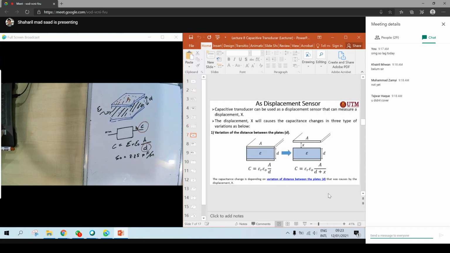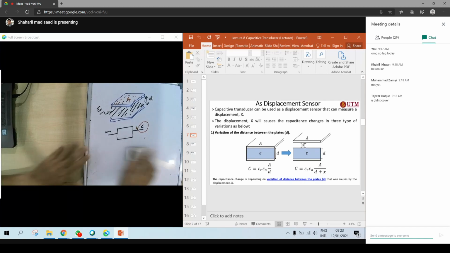Let's look at when you play around with the distance. This is your initial distance, and then your upper plate is moving up, so that means you add a certain distance like that.